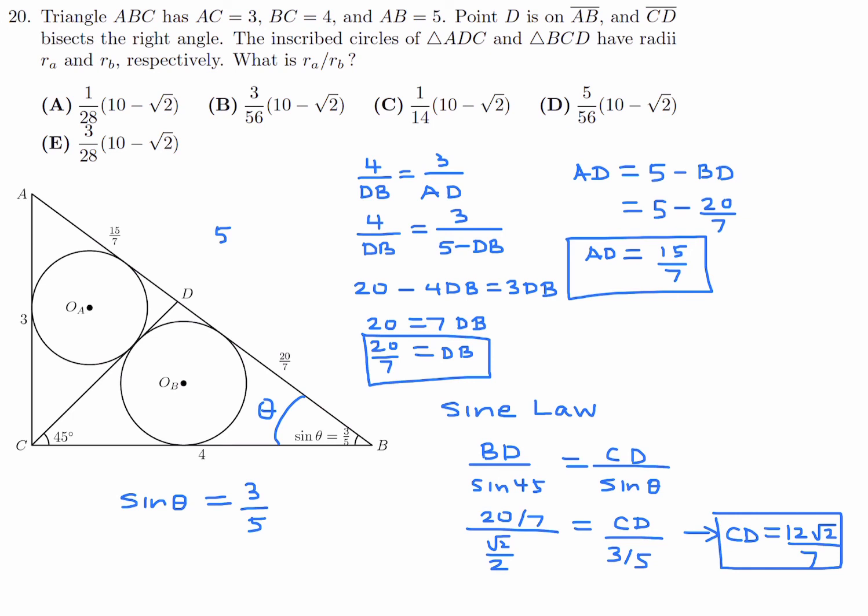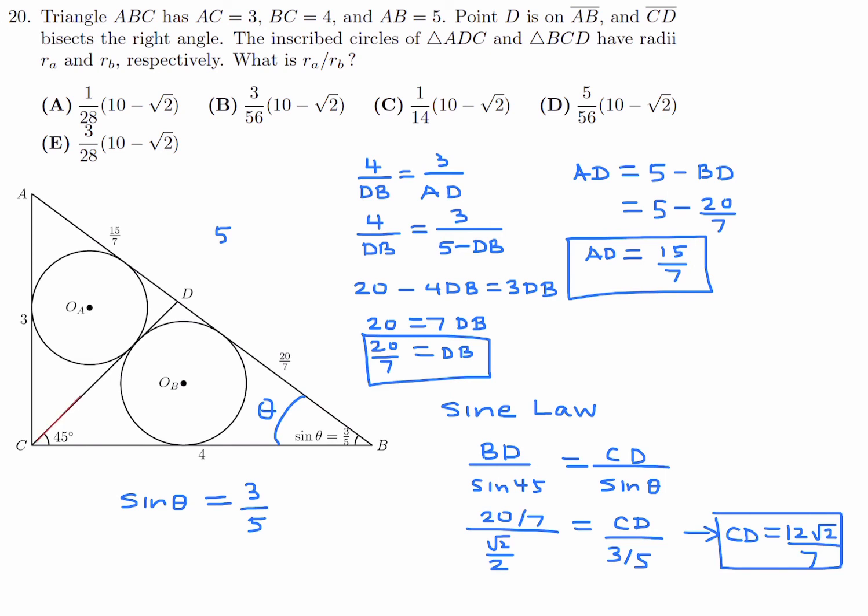Now, there is a certain aspect of this question that definitely needs to be recognized, and that is that you can do a ratio of the area of the triangles. Which triangles? This one, ADC, with BCD. The reason is because they have the same height.